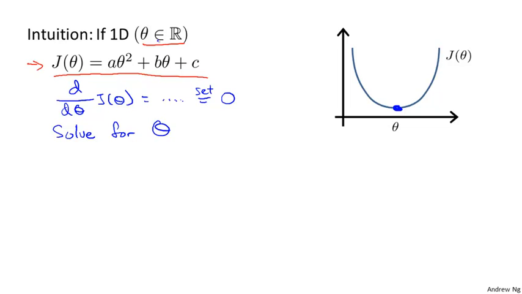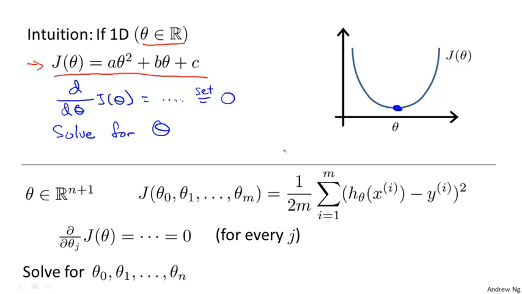That was the simpler case of when theta is just a real number. In the problem that we're interested in, theta is no longer just a real number, but instead is this n+1 dimensional parameter vector. And our cost function J is a function of this vector value theta 0 through theta n, and the cost function looks like this sum of squares cost function on the right.